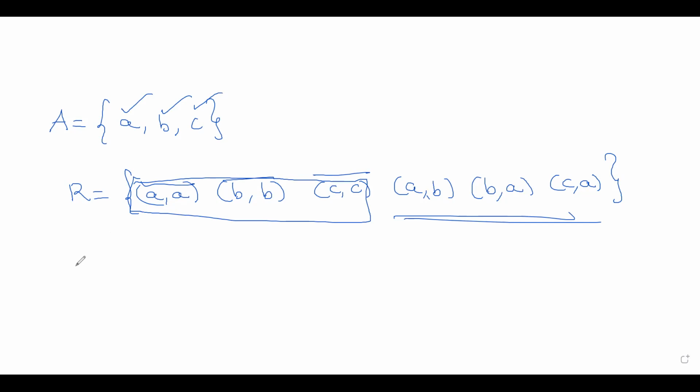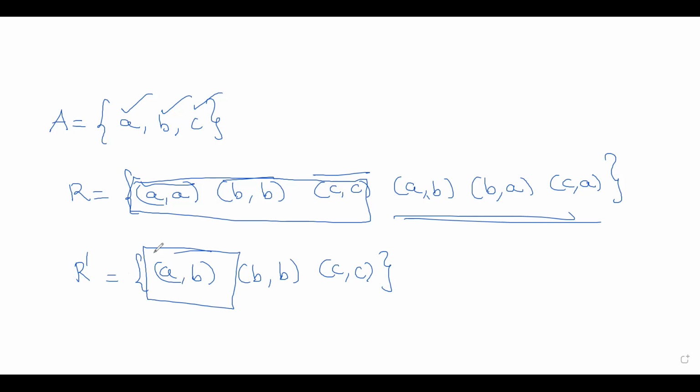Suppose I write some other relation R dash: (a, b), (b, b), (c, c). Is it reflexive? (a, b), (b, b), (c, c). No. Why? It doesn't have (a, a). The doublet is not there, so it is not a reflexive relation on A. That is how we will tell.